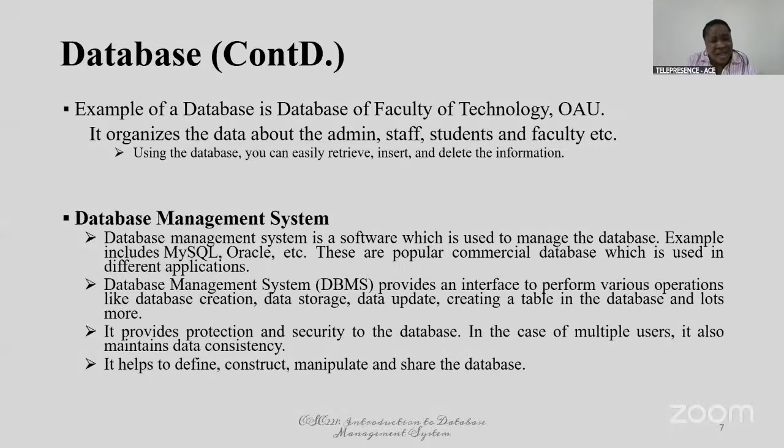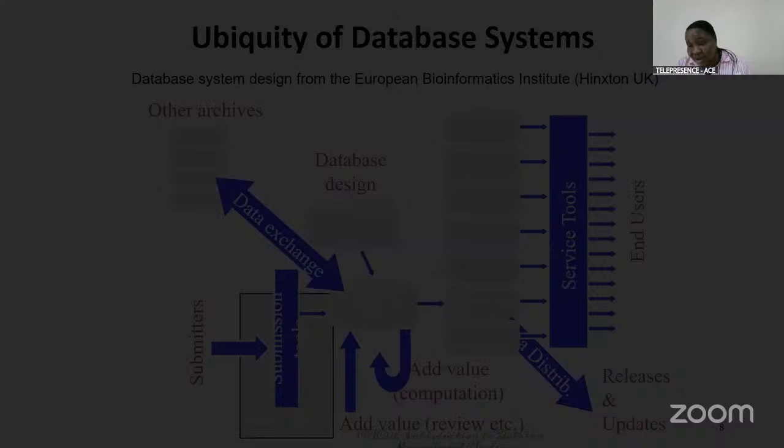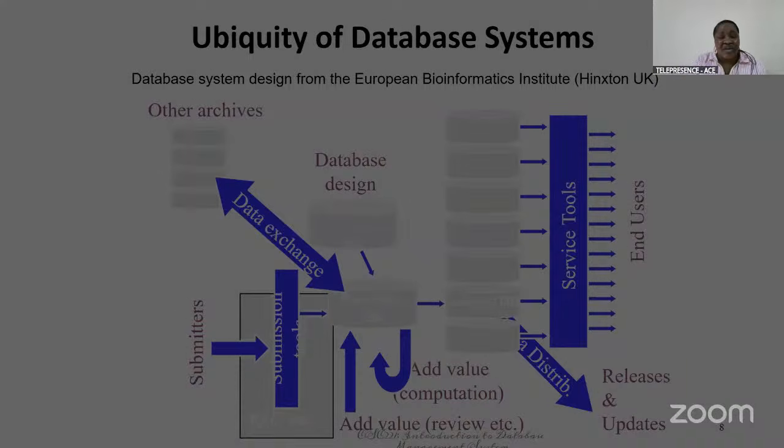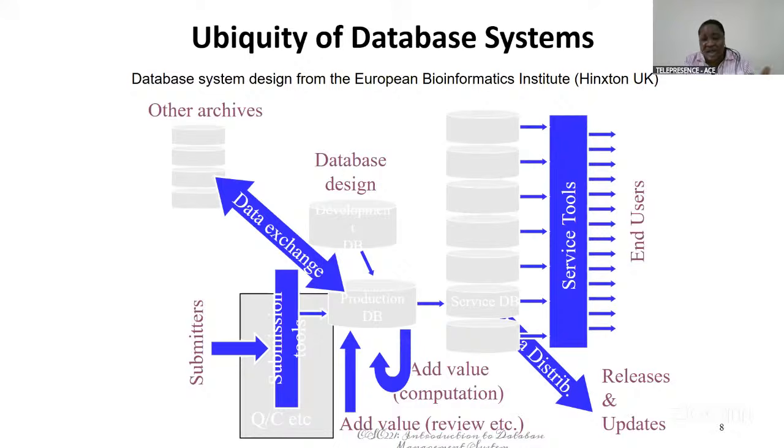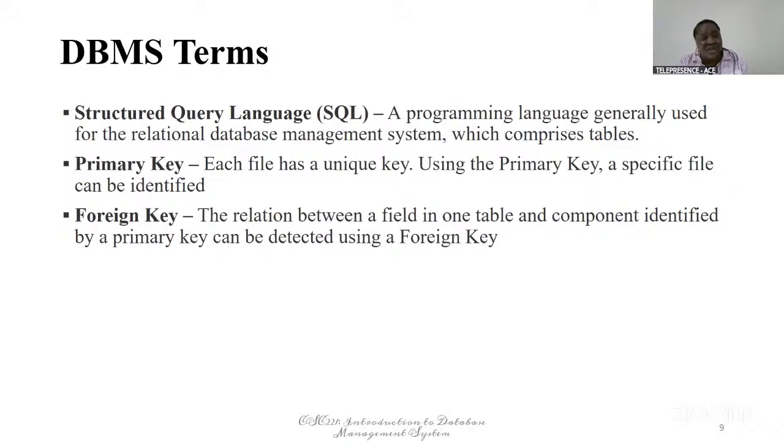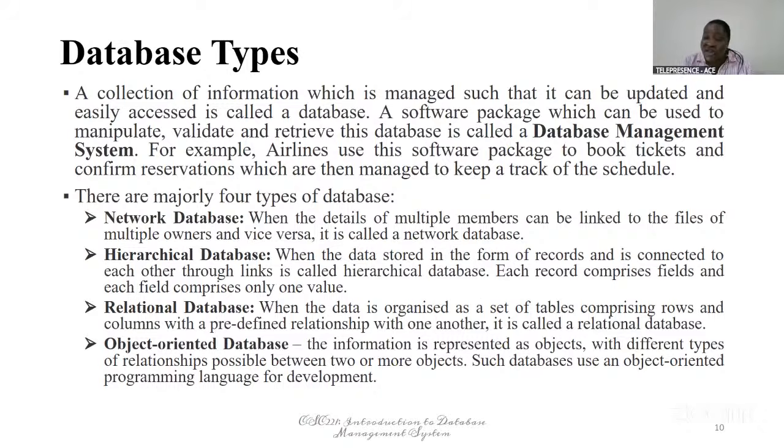In a database management system, we have some terms like primary key, foreign key, and all that. SQL is a query language that we use to interact with our database. And we have types of database: the network, hierarchical, relational, and object relational database.